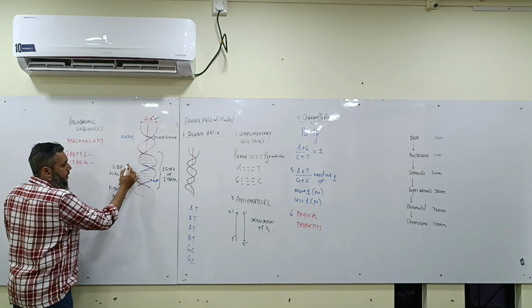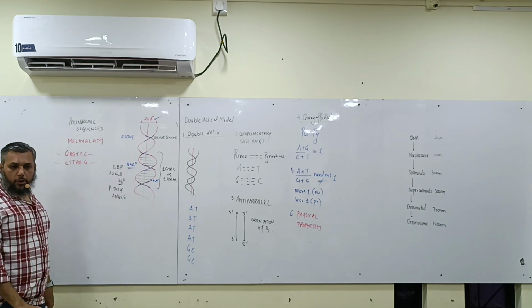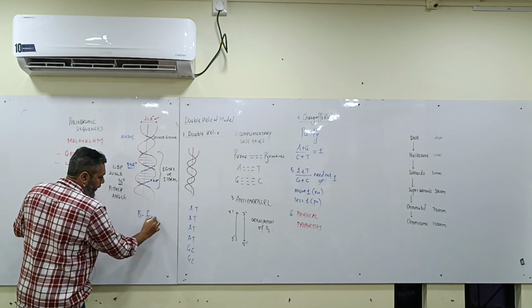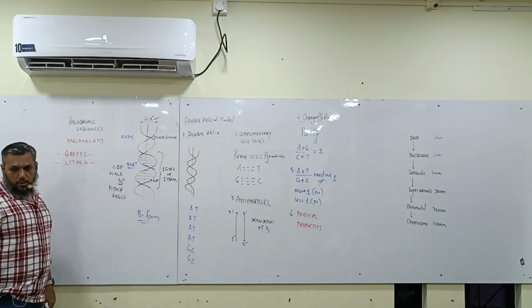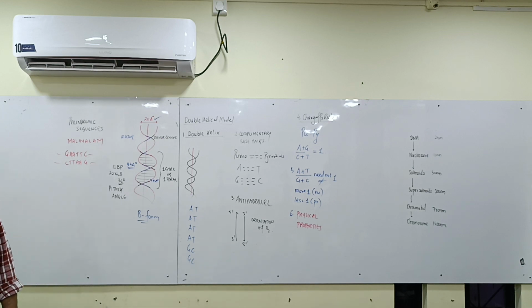So the entire length of one turn will be 34 angstroms. And this is the B form of the DNA. How many forms of the DNA are there? A, B, C, D, Z, different forms. The common one that we teach you is the B form.